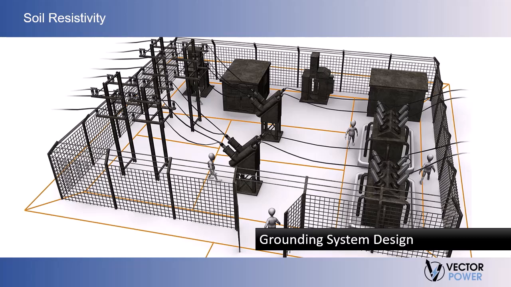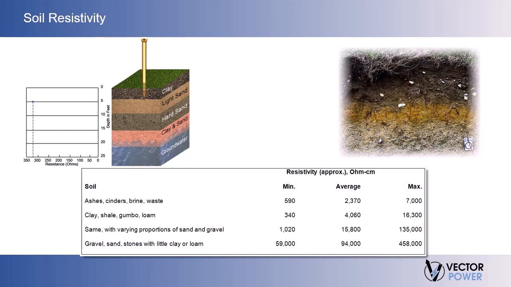Third, soil resistivity directly affects the design of a grounding system, and it is to that application that this webinar is directed. Soil resistivity is the key factor determining the resistance of a ground rod or grounding electrode and the depth at which it must be driven to obtain low ground resistance.